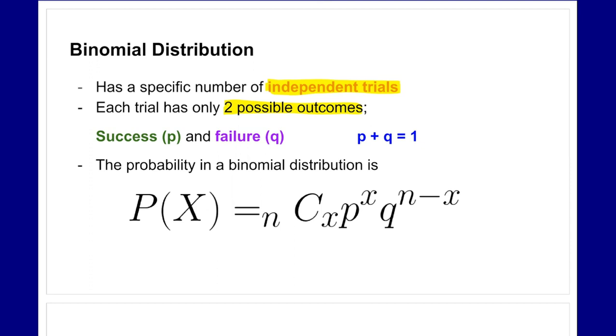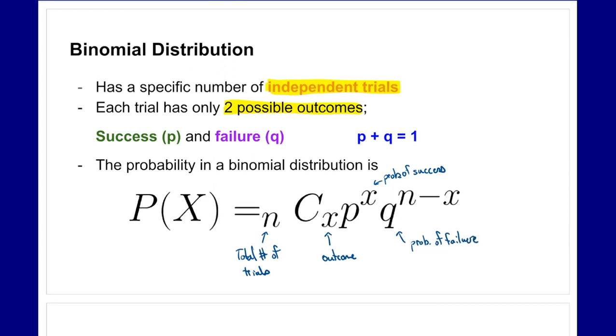The probability of each outcome, we have it broken down into a combination, which is n choose x. n looks at the total number of trials. x is referring to our specific outcome. p is the probability of success, and q is the probability of failure.